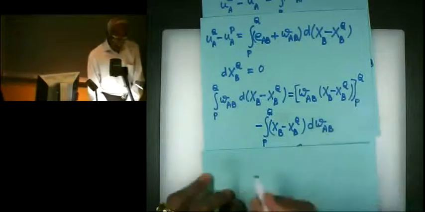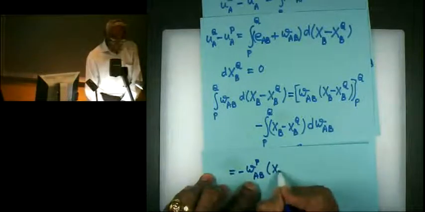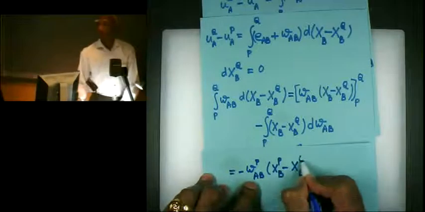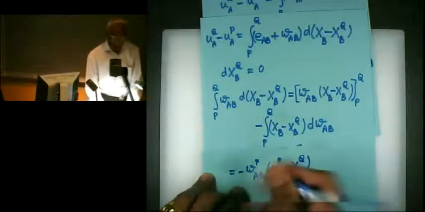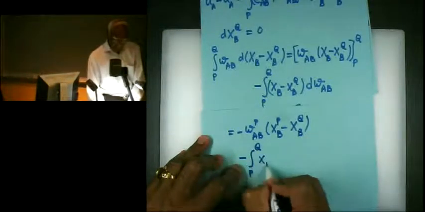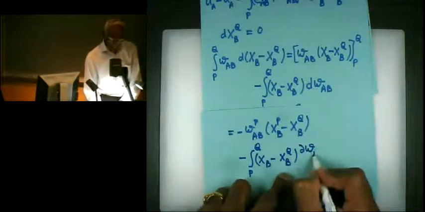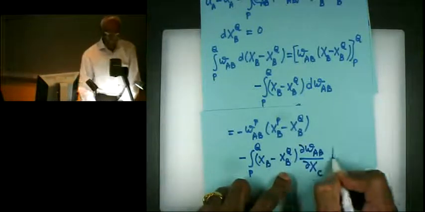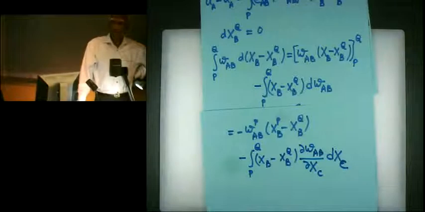So this thing will equal then minus omega ab at p times xbp minus xbq, plus, not plus, but minus, the integral from p to q of xb minus xbq times delta omega ab over delta xc dxc. Is it okay?